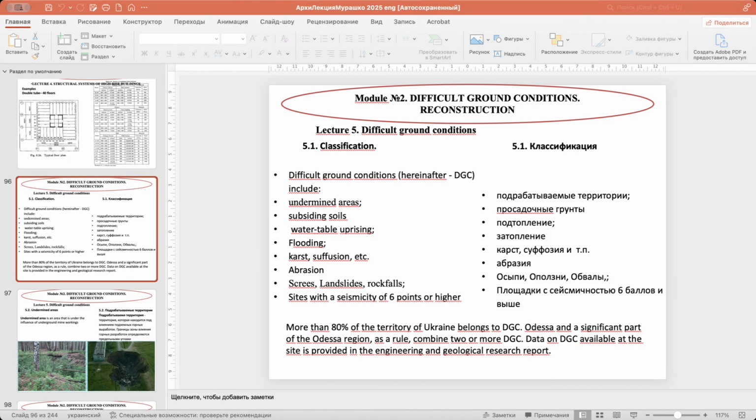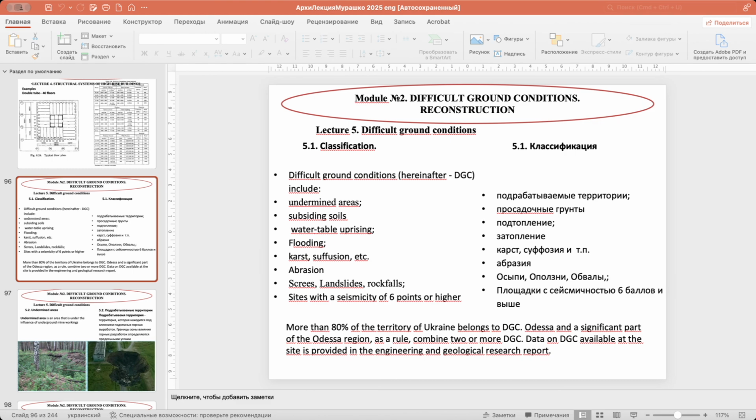If you design a building on the seaside of Odessa, you will have to make it stiff enough to withstand the landslides. The plan of this building will also be covered with special diaphragms of stiffness to make it stiff enough to not tilt under the impact of a landslide.